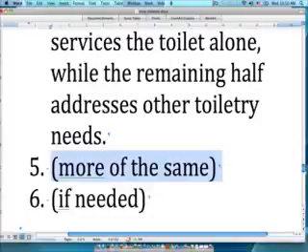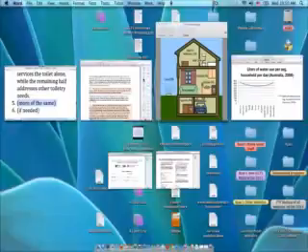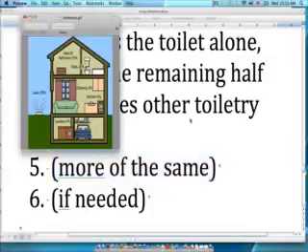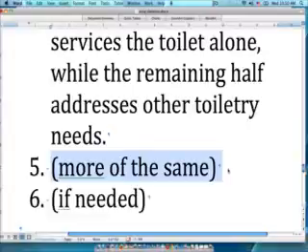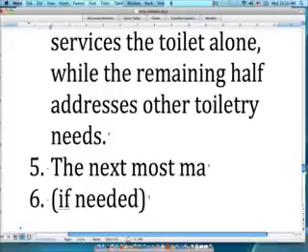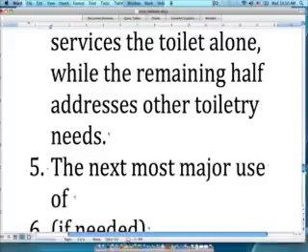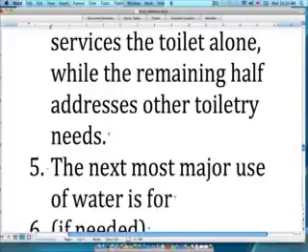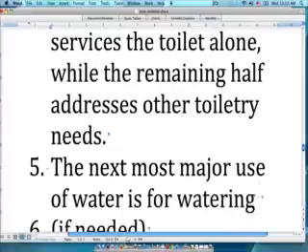I recall it was 35%. Let's double check here. 35% was used for the lawn. So we can start this sentence with perhaps something like the next most major use of water is for watering the lawn.